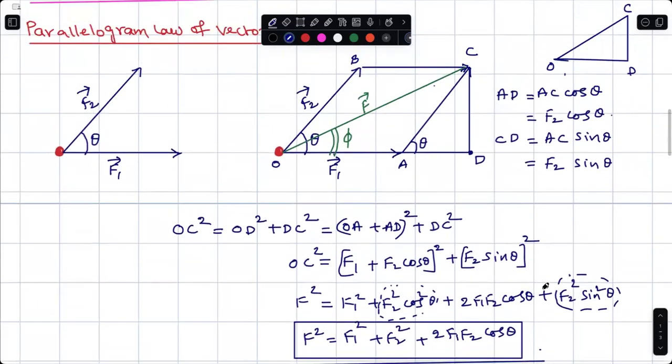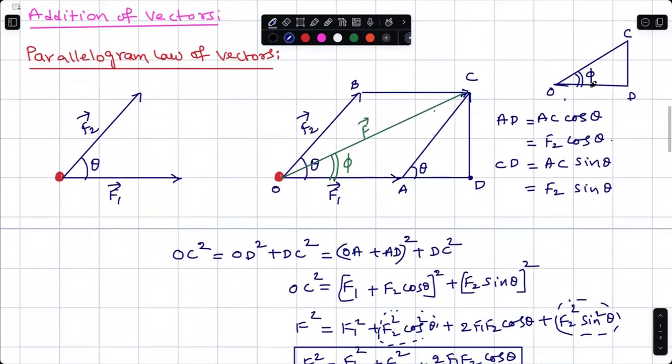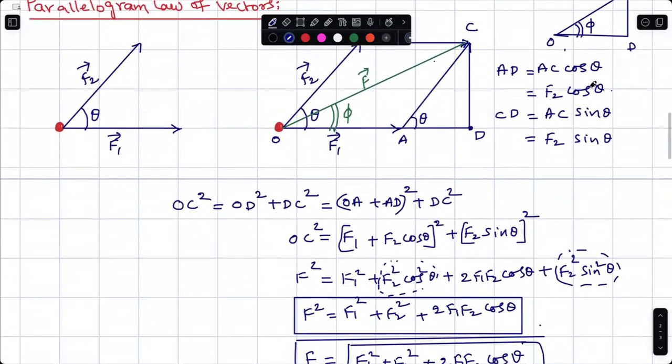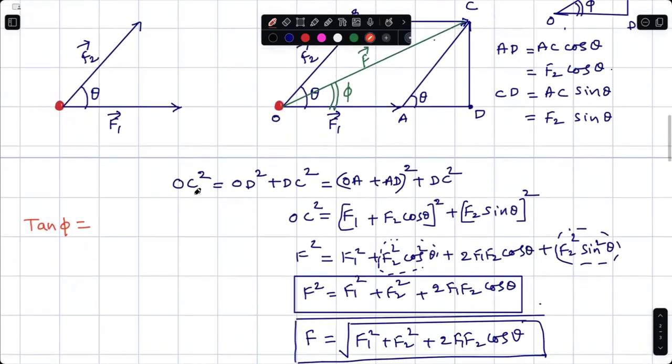But not only that, in this right angled triangle, you know the angle is phi. Now, what you can do is tan phi. I'll change the color. So tan phi is equal to opposite side by adjacent side, CD by OD. CD by OD is again CD by OA plus AD.